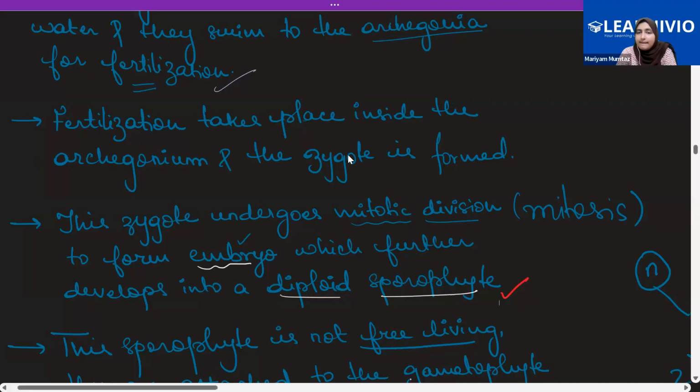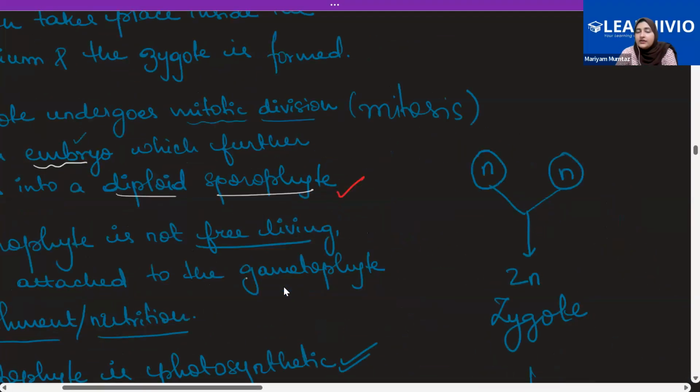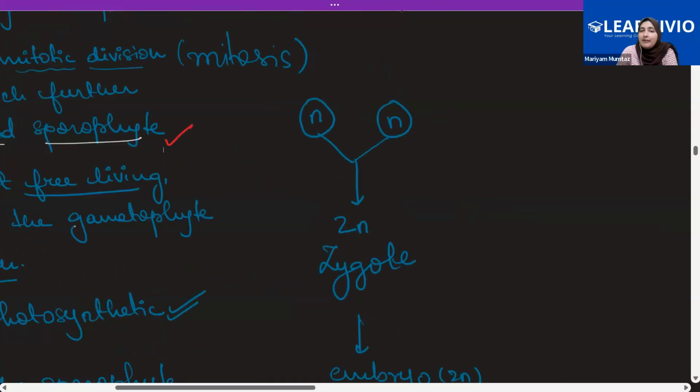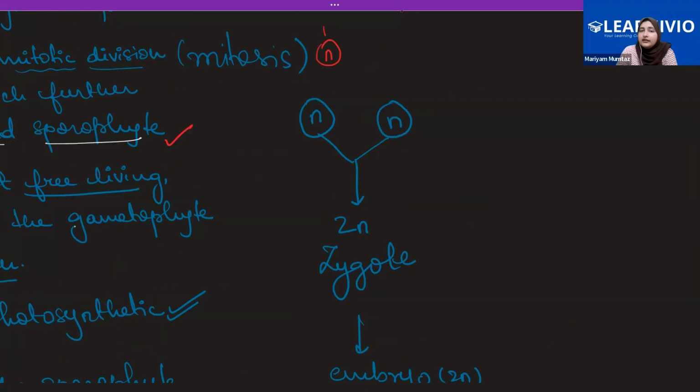Did you get it? So, for example, haploid parent. Okay, this is the male parent, and then the haploid female parent, right? So this is the female, right? Now they will produce the haploid male gamete and the haploid female gamete. These two gametes will fuse and form a diploid zygote.